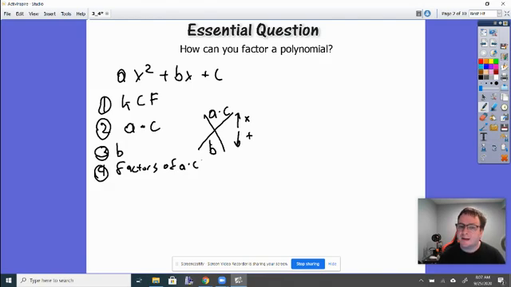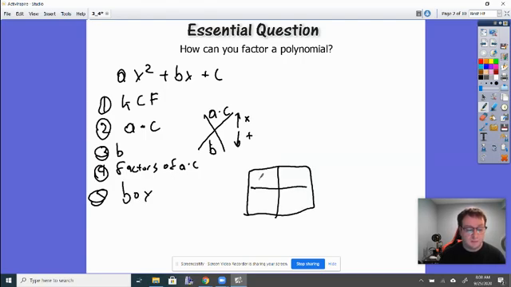Okay, and again, this takes out that guess and check piece that's tough for a lot of students. And then we're going to throw it in the box. For the box, it's always going to be ax squared, assuming it's a quadratic. This is for quadratics only.